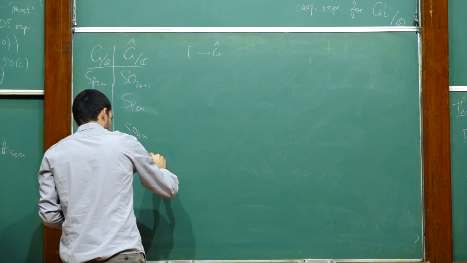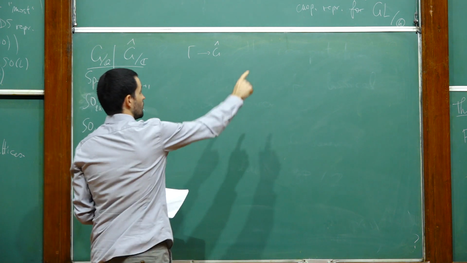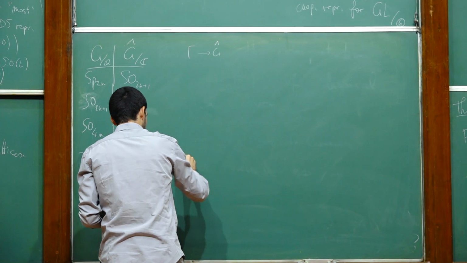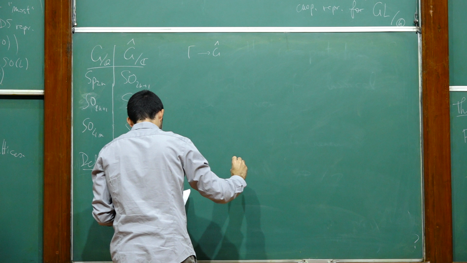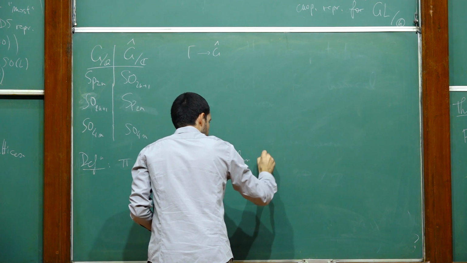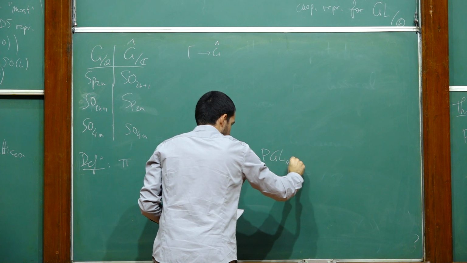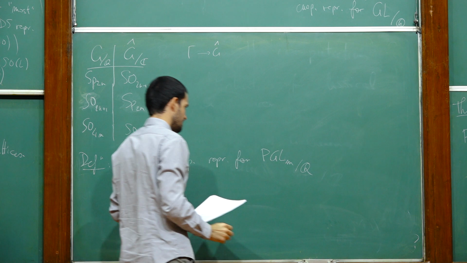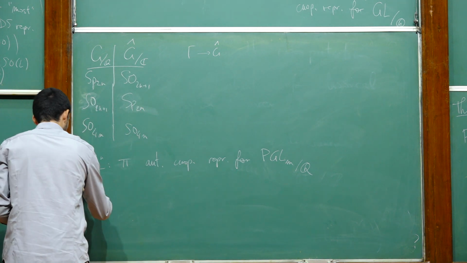So let me be more precise about these representations of general linear groups. If you take a holomorphic representation, we can work with PGL_M in level 1, and that's up to twisting, which simplifies the definition.